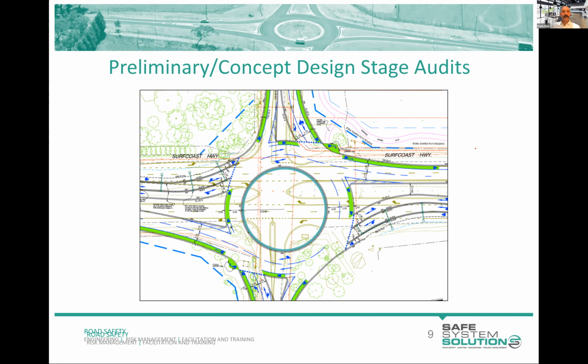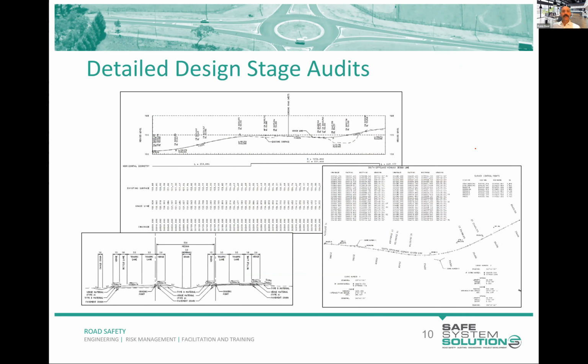But one of the reasons I really like the earlier stage is that there's still more willingness to change. When they've got to the detailed design and you've got all of your documentation together, there's a reluctance for any sort of significant changes. But with detailed design stage road safety auditing, you get the works.